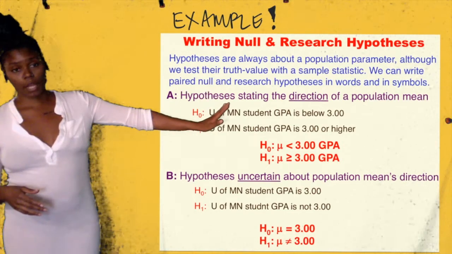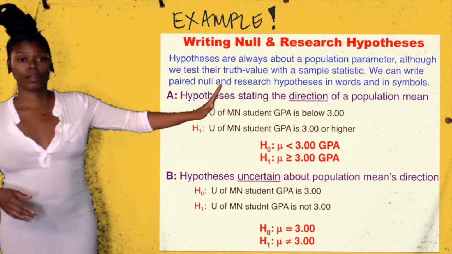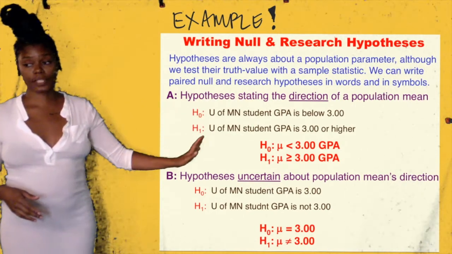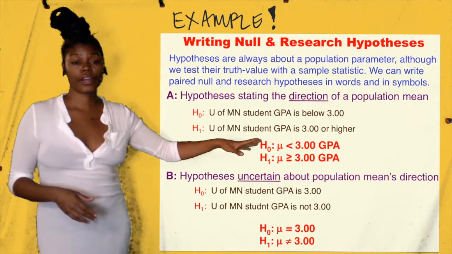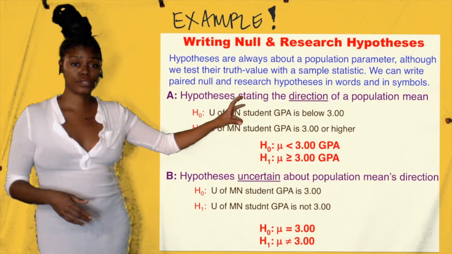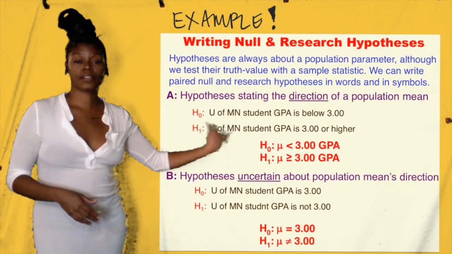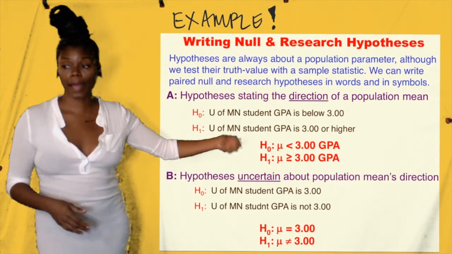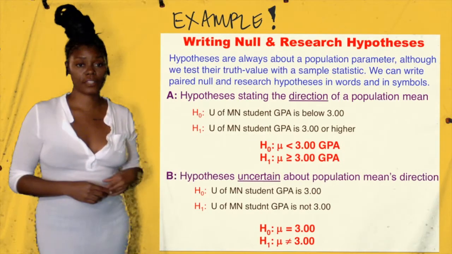H sub 1 is mu greater than or equal to 3.0, and H sub 0 is mu less than 3.0. You can see here that these two symbols are exhaustive. So we've exhausted all of the possibilities, all of the potential numbers around 3. That is a directional hypothesis test.